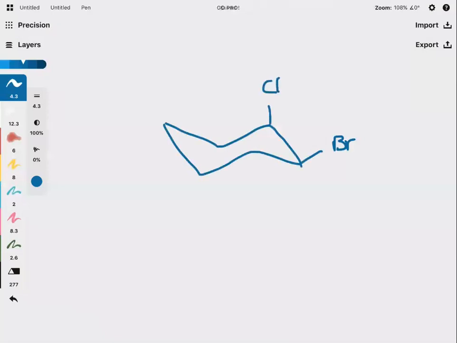So bromine is equatorial and chlorine is axial, but we know that they're both in the up direction, right? Because in the down direction where bromine is, there's a hydrogen there. And in the down direction where the chlorine is, there's hydrogen there. So our substituent groups are both pointing up.